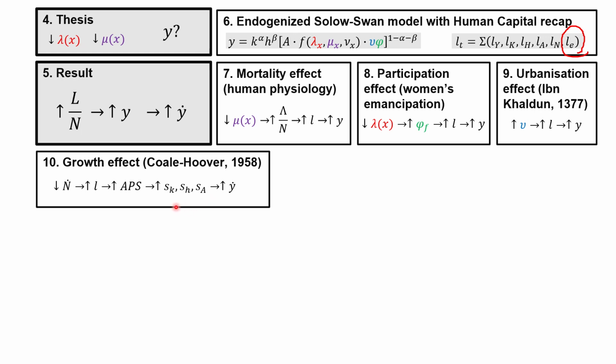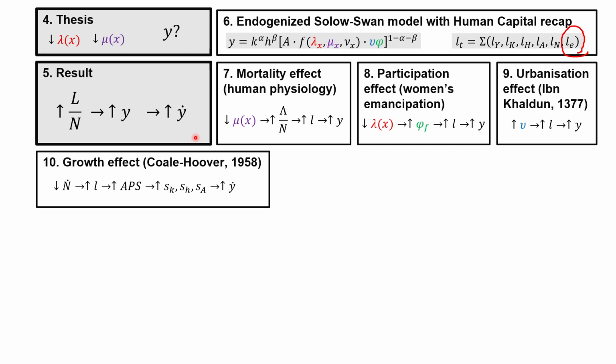Some of them can allocate their time towards improving the existing equipment or building new equipment, new technology, and hence you will have a faster rate of growth as more labor hours are allocated to physical, human capital, and technology. And hence, this is the second effect. The higher the ratio of labor hours per capita, the higher your output, and the higher the growth rate of output per capita.